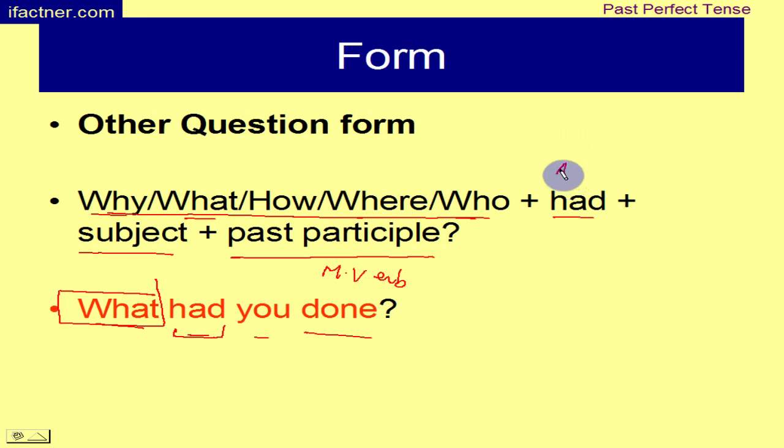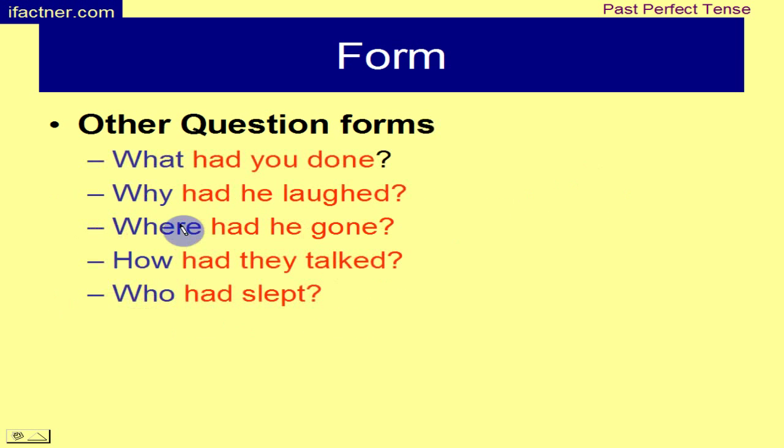This is the auxiliary verb and this is the main verb. Let's see a few examples. What had you done? Why had he laughed? Where had he gone? How had they talked? Who had slept?